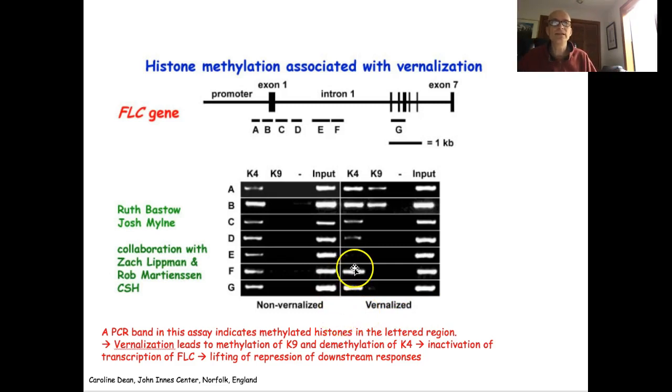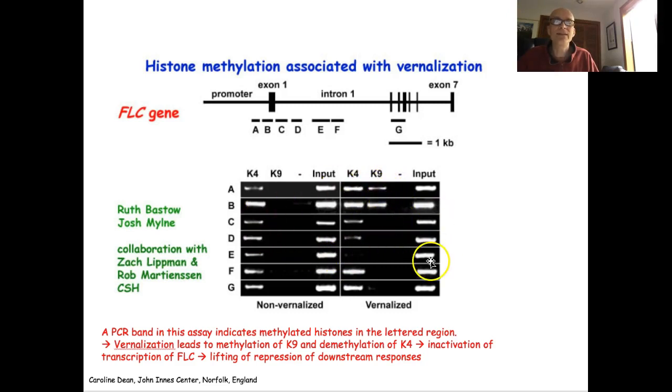And the changes that you see is a removal of this activation mark in E, and an addition of a deactivation mark. Methylation at K9 is associated with deactivation of transcription. Methylation at K4 is associated with activation of transcription. So we're removing some activating marks and we're adding some deactivating marks.